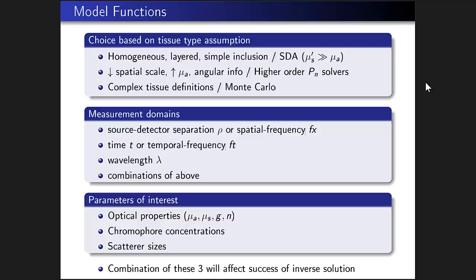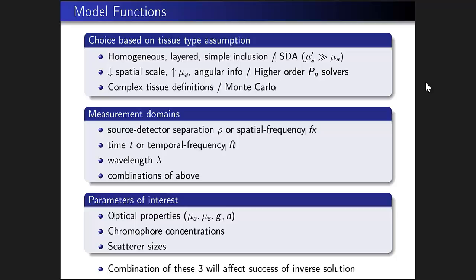But as you decrease the spatial scale or you increase the amount of absorption, then you need to go to higher PN solutions like delta P1, or there are other PN solutions that you could use. For very complex tissue definitions, then you'll need to go to a Monte Carlo method.